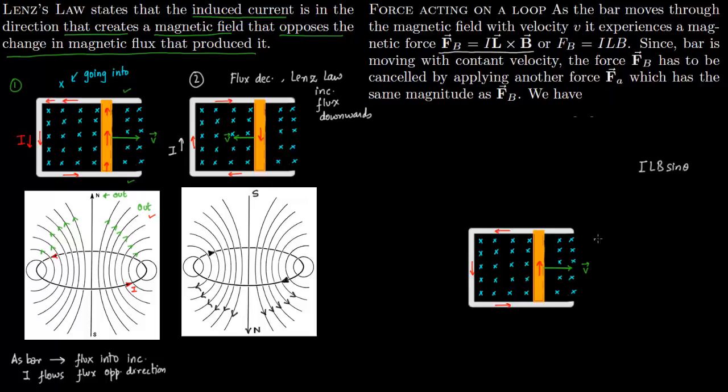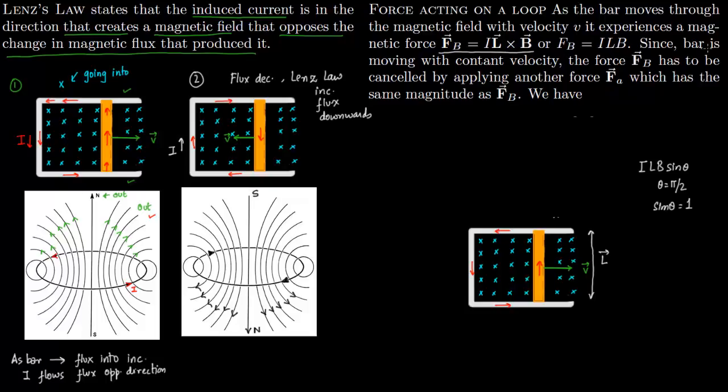Now B is into the screen, and L vector is nothing but this length. So the angle between L and B, theta, is pi by 2, so sine theta is 1.